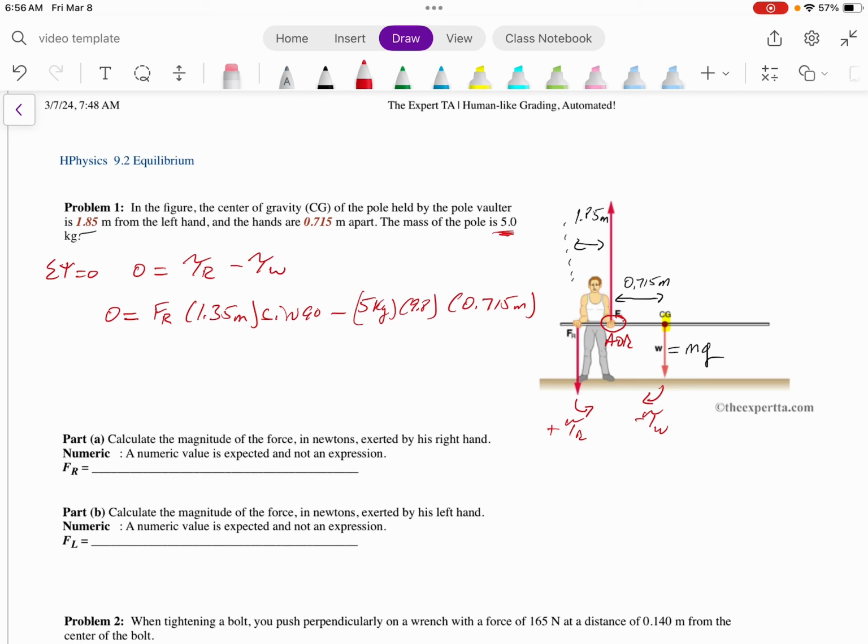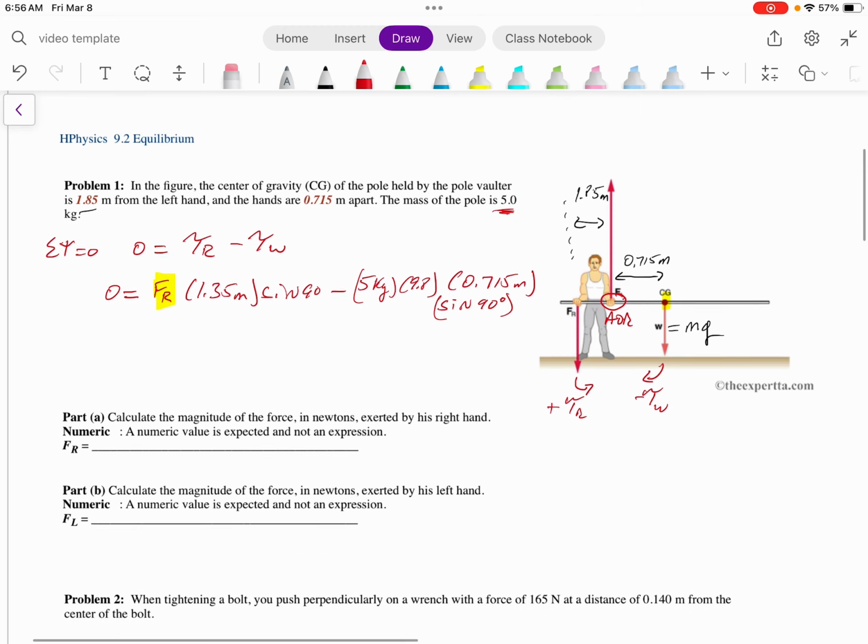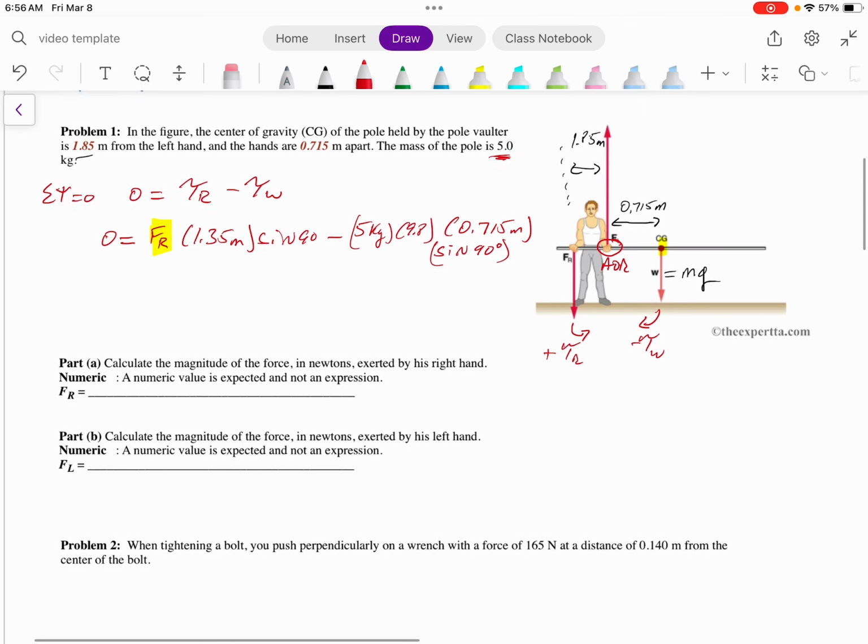There's only one unknown in this problem, the force caused by the right hand. By the way, that weight is also multiplied by the sine of 90 degrees, which is 1. That's why I ignored it. So I can find the force of the right hand.